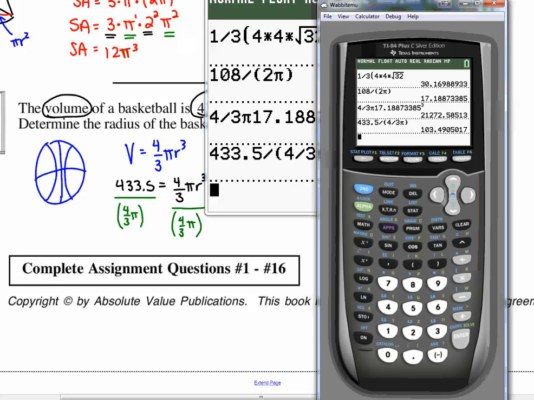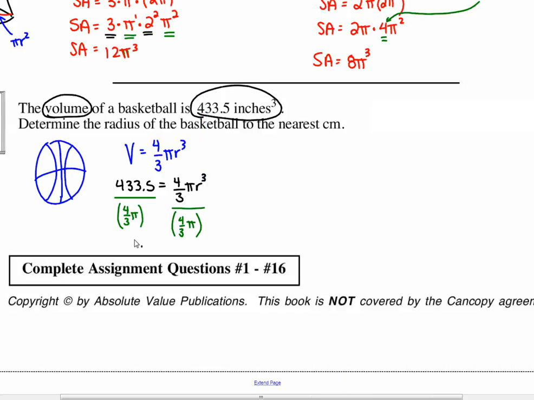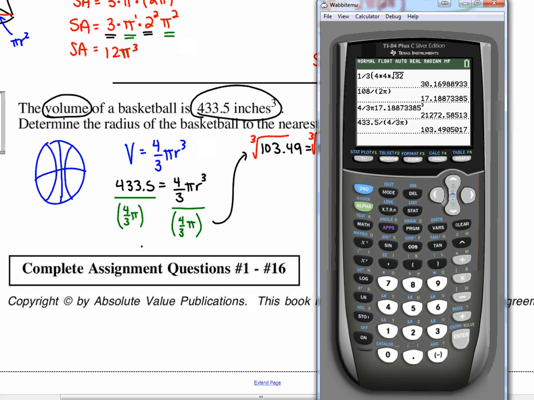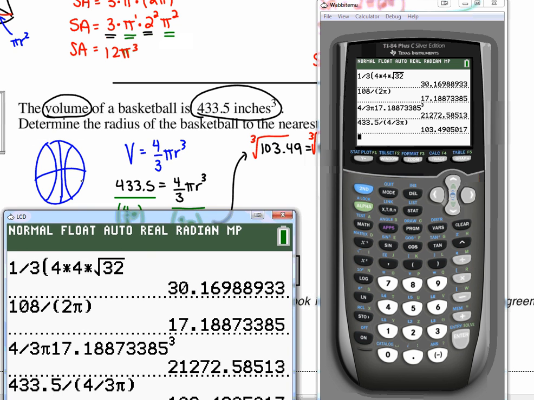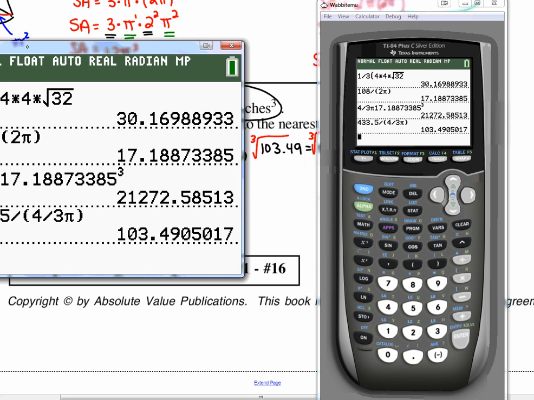Okay. So that's 103.49 equals what? What's left over? R cubed, so cube root. The opposite operation of the power 3 is the cube root of both sides. So cube root of this number: math number 4.